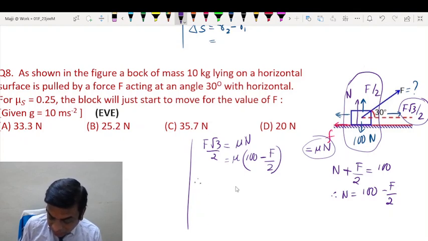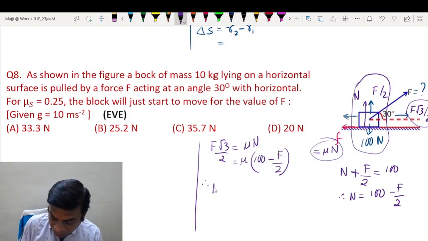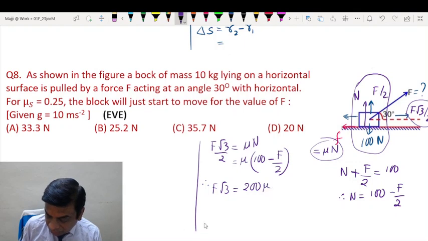Now let us multiply both sides by 2. So we have F root 3 is equal to 200 mu. We have to keep mu like this only.